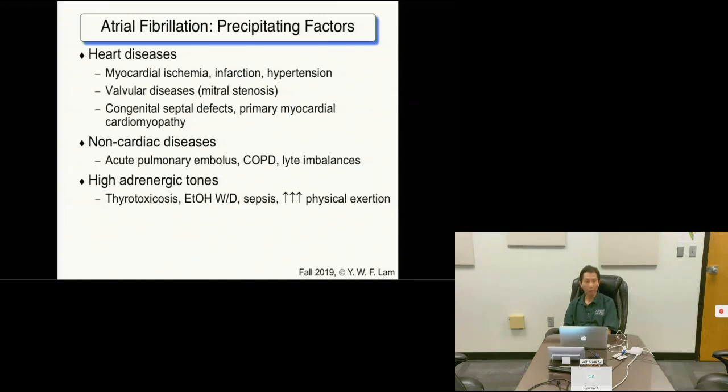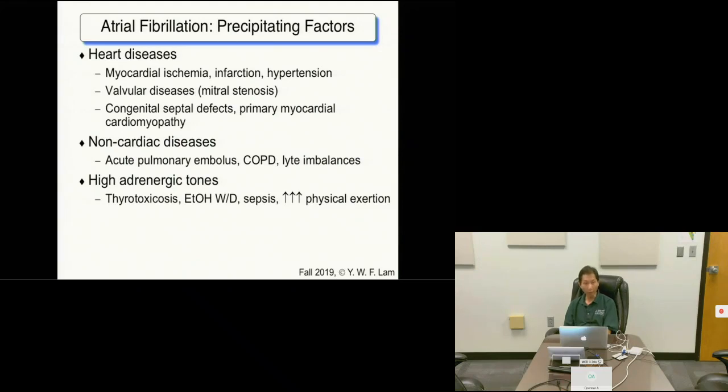Likewise, if we have patients who have acute pulmonary embolus, chronic obstructive pulmonary disease, which is very common in the VA patient population, as well as any type of electrolyte imbalance, those can be and should be taken care of, especially the electrolytes, which can be relatively easy to manage. By managing those precipitating factors, we may be able to put the patient back into normal sinus rhythm without the use of any drug therapy.